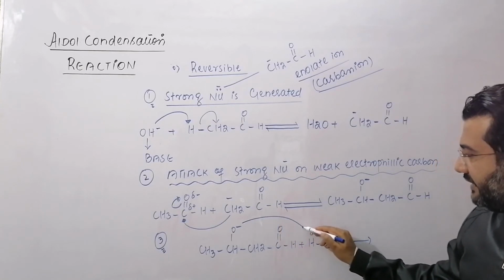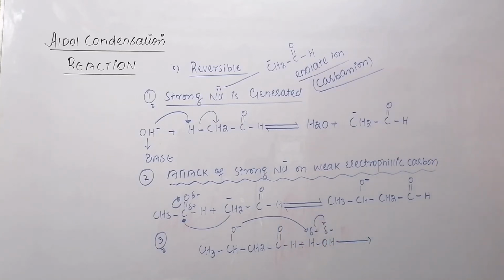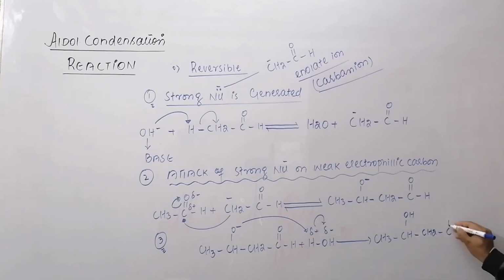So when it attacks this hydrogen, the hydrogen will break bond with the OH. As a result, this one is the 3-hydroxybutanal, which is the aldol, and it is the main product.